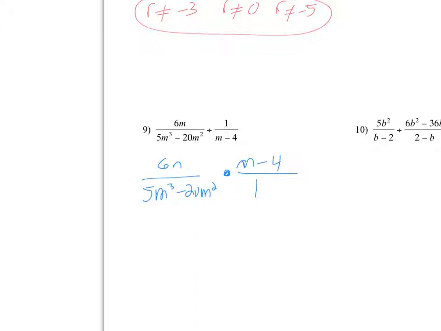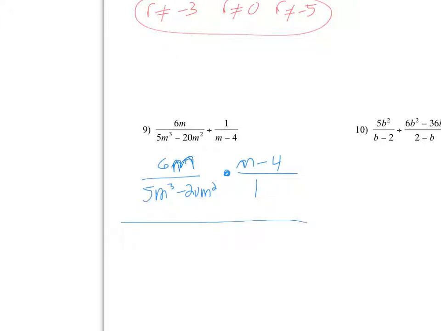I also notice, and hopefully you should too, that hey, this denominator has common factors. 5m cubed and 20 both have 5s as divisors, and there's an m cubed and an m squared. Oh, I should write that. That's an m. Excuse me. That's an m. Oh goodness, what I do without my pen. So I'm going to factor this denominator.